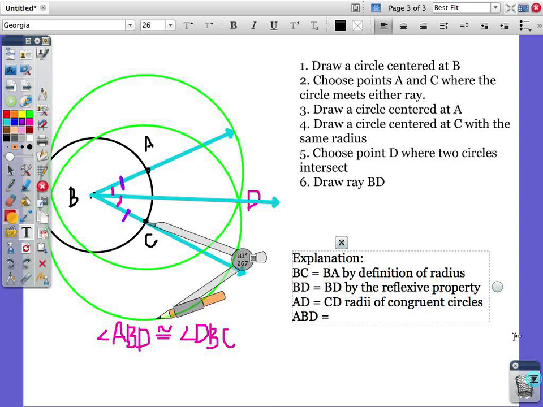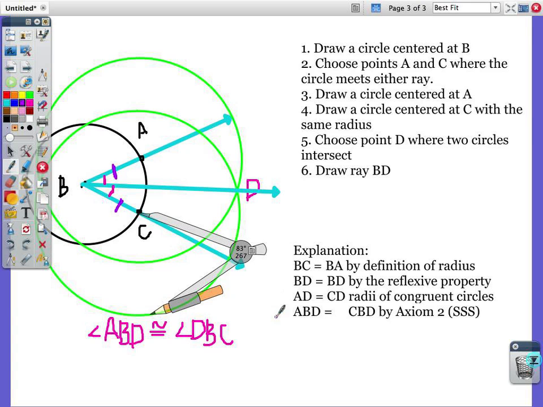Why? By axiom 2, side side side, because we listed a pair of sides, a pair of sides, and a pair of sides. So now we can use SSS, and I'm going to put the little triangle symbol here. Triangle ABD is congruent to triangle CBD.